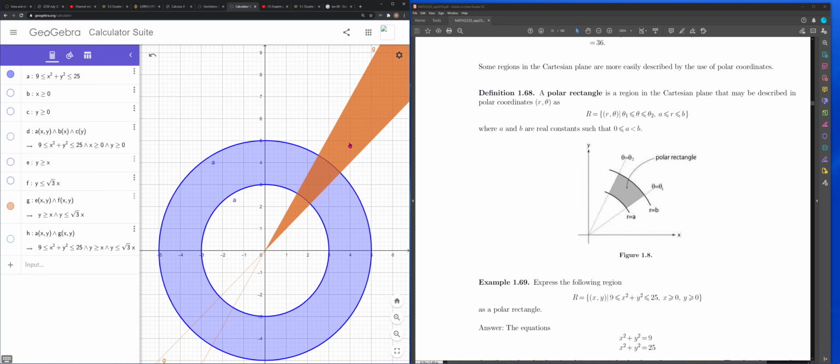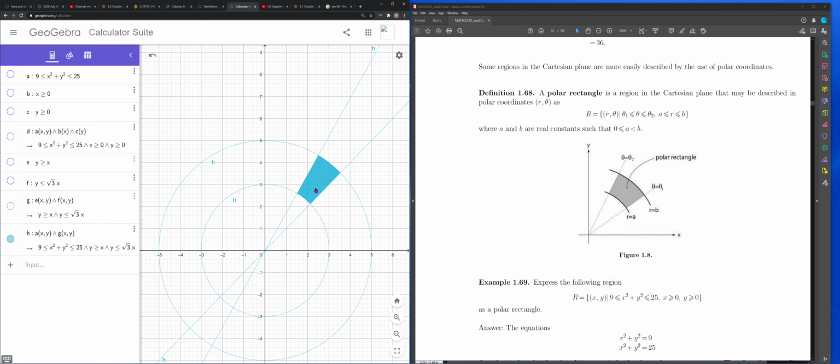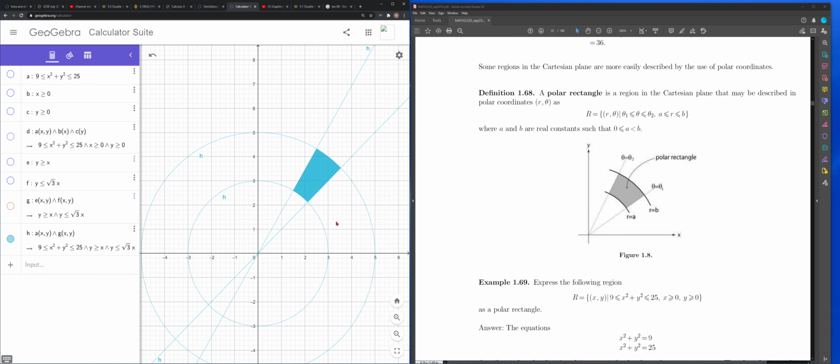And you have your wedge over here, which is coming from theta 1 less than or equal to theta less than or equal to theta 2, this orange wedge here. But what we want is when we combine these, we're looking at the intersection of the areas. So that's actually this here, and this is the type of region that we want to integrate over: polar rectangles that look like this.